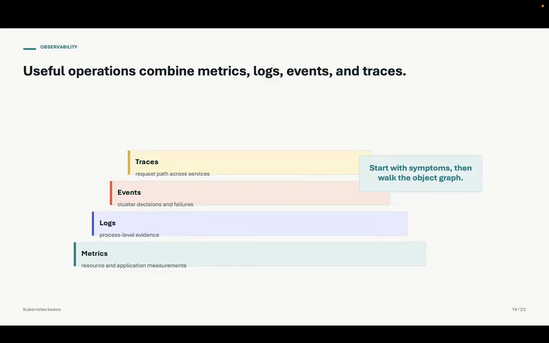The metrics give us measurements like CPU, memory, request rate, error rate, health, etc. The logs tell us what happened, which helps with debugging, and events tell us what happened with Kubernetes decisions, like if there are any failures in scheduling, or errors during image pulling, or mount failure errors, even what happened while scaling up or down.